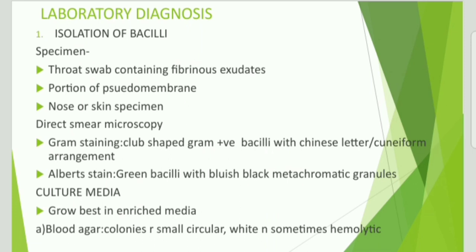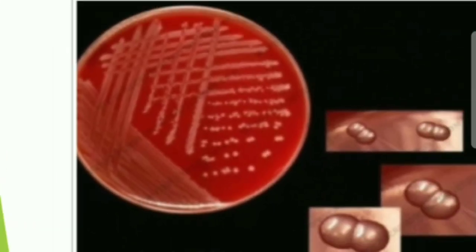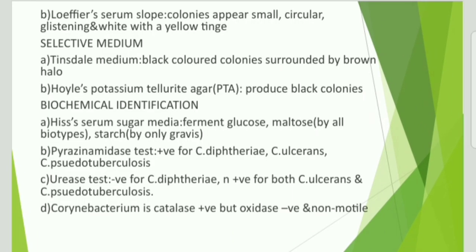And since it is fastidious, it prefers to grow in enriched media. Here we are using blood agar, in which the colonies are small, circular, white and sometimes hemolytic. You can see white colonies here. And in Loeffler's serum slope, colonies appear as small, circular, glistening and white with a yellow tinge.